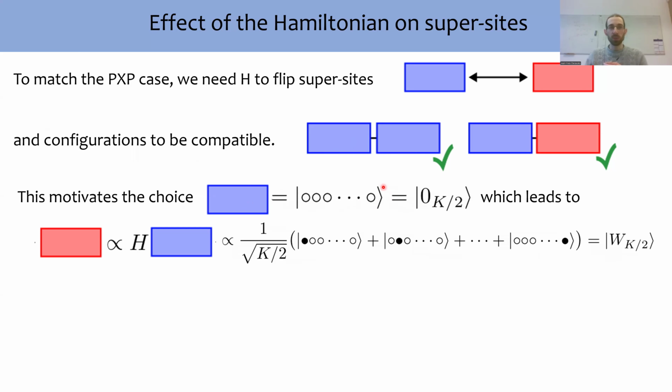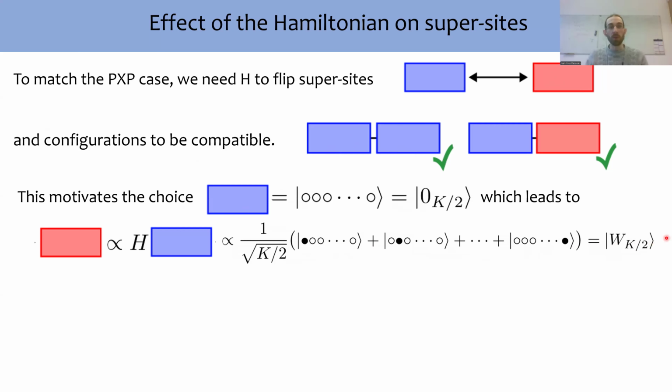And then since we want the Hamiltonian to take me from this to the excited state, I define the excited state by the action of the Hamiltonian on my non-excited state. What this gives me is just one excitation, because that's what the Hamiltonian does, but it's now spread evenly between all sites on my superatom. So essentially what I get is just a W state on these k/2 sites. If I have 2, it's just a Bell pair. In general, it's a W state.